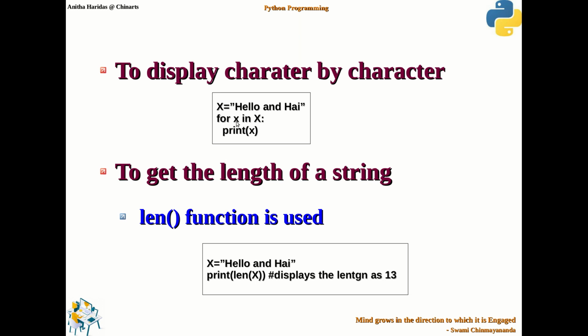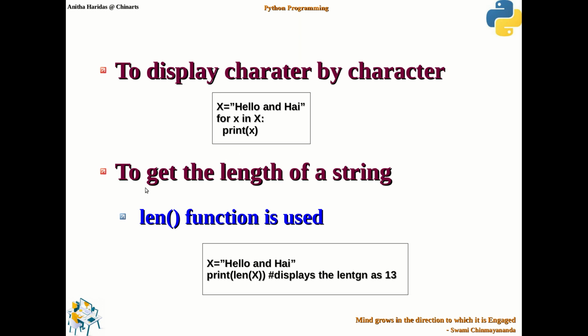So for x in x will retrieve, for is obviously a for loop. In each iteration, the small x will get a value from the string. In the first iteration, H will be assigned to small x. Then in the second iteration, E will be assigned to small x, and in the third iteration, L will be assigned to small x. And obviously you can understand here I gave an indentation and used the print statement. So this is how a for loop will be used.